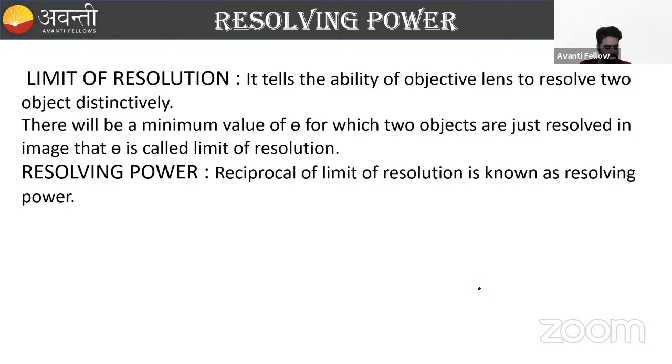Sometimes it is asked in the problem, what is the resolving power and what is the limit of resolution. So firstly we have to understand the meaning of resolution. It tells the ability of the objective lens to resolve two objects distinctively. Suppose this is our eye, and two objects A and B are placed at a distance, say this is X. When the object is placed at X, we can see the clear image.